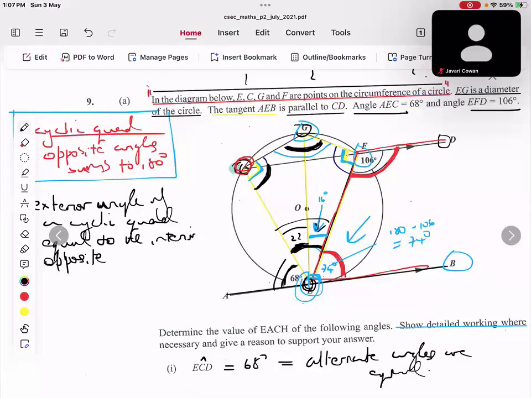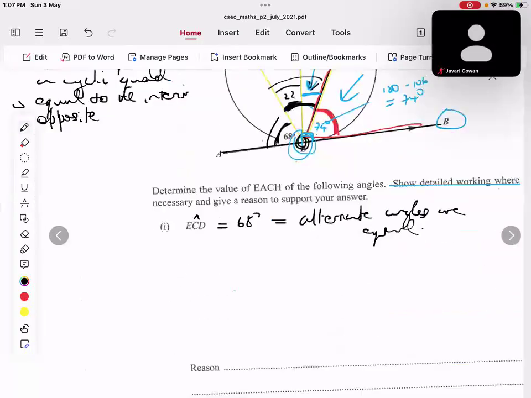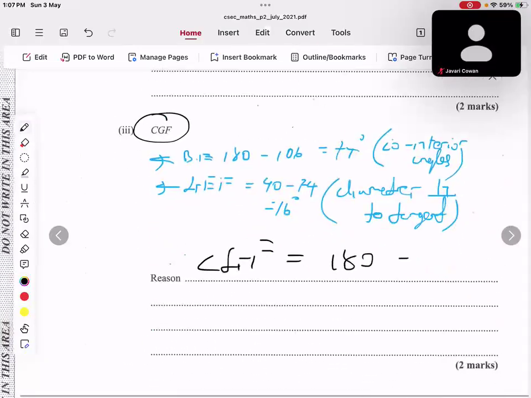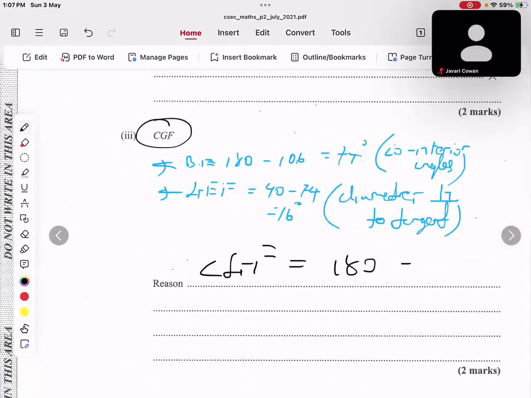Because from the onset, we know the angle at G and the angle down here at E measure 180 because of the cyclic quadrilateral. So this is equal to 22 plus 16, so that's 180 minus 38. And that's equal to 142 degrees.